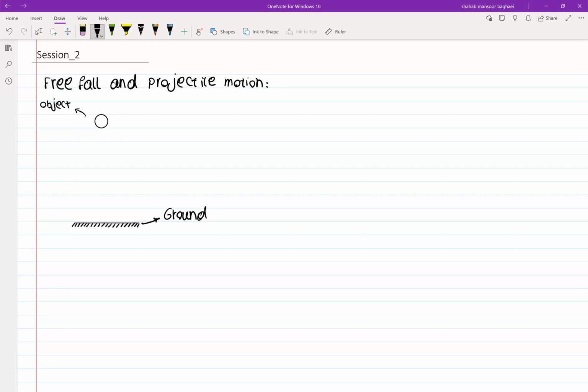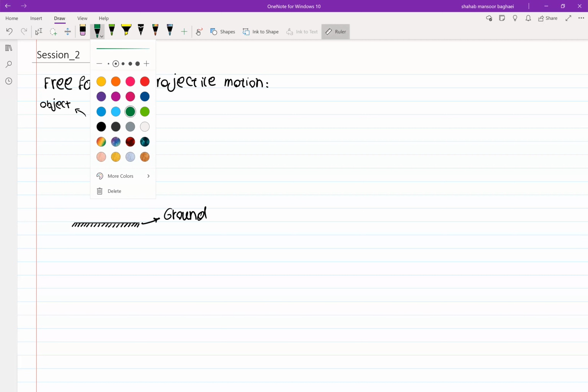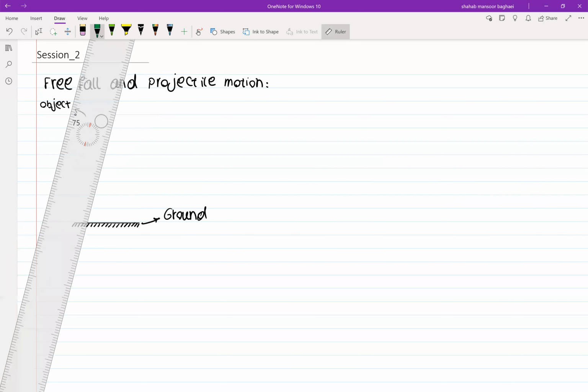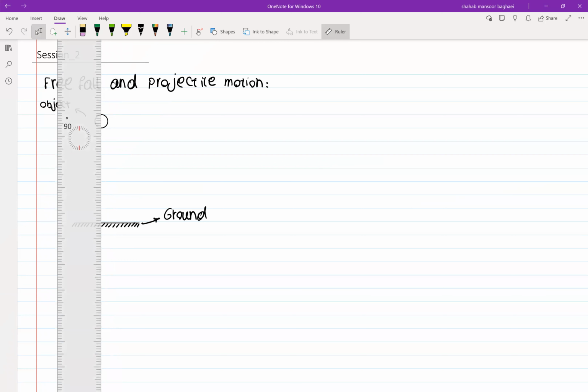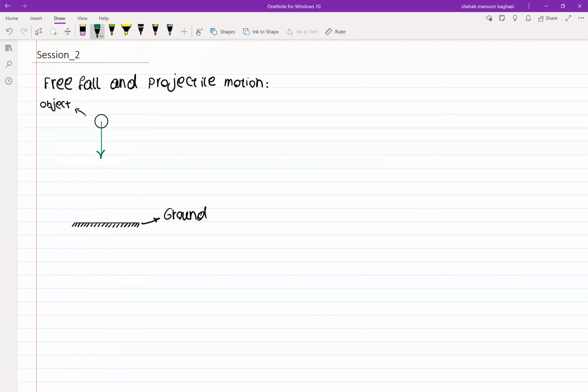Therefore, here, your object will go downward like this. Downward motion. Why do you have this kind of downward motion? Because of gravity.